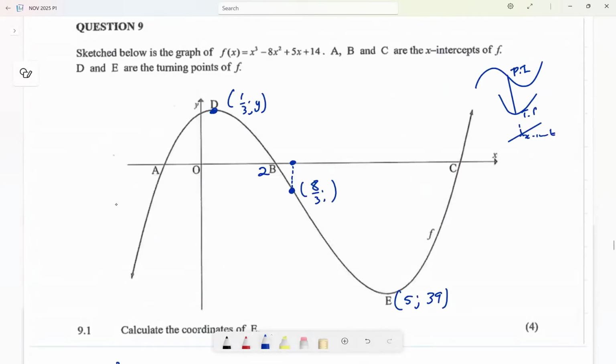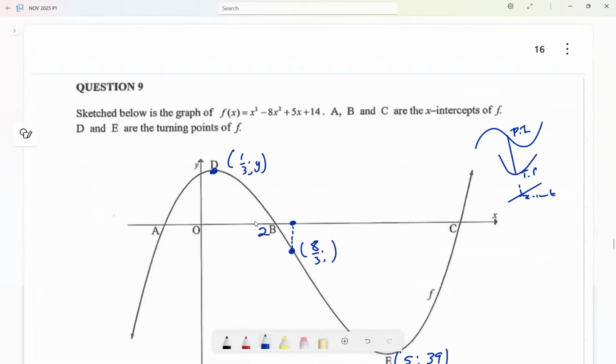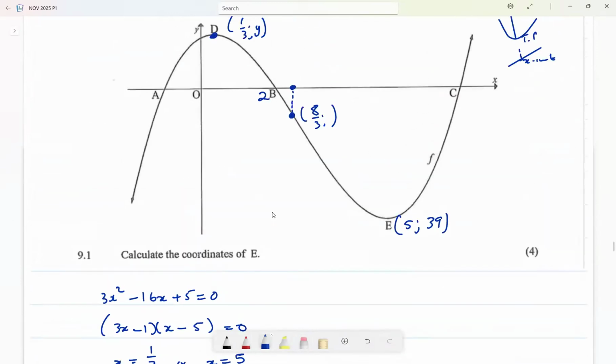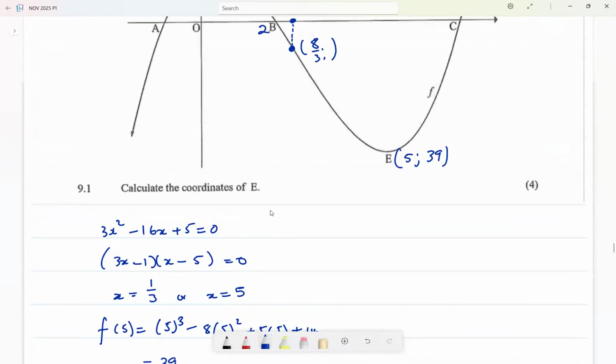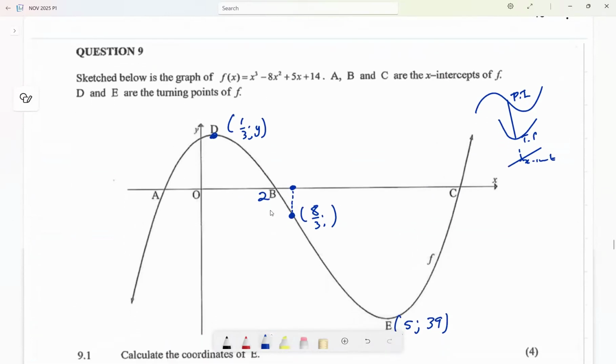Okay, how is this positive 39? Guys, let's go back here. This can't be 39 at all. Let's just confirm. The value of y should be negative there.